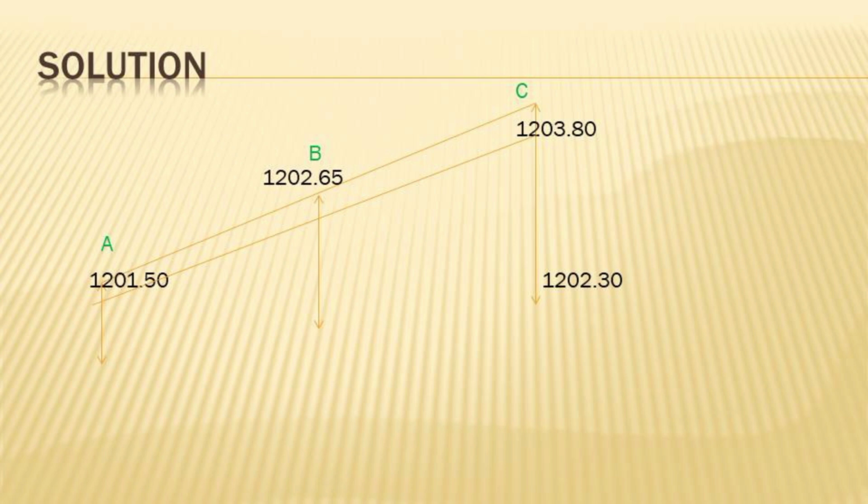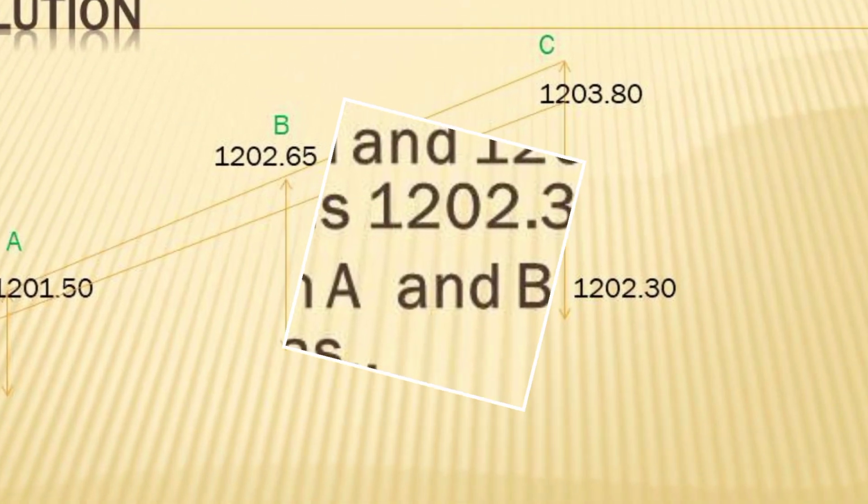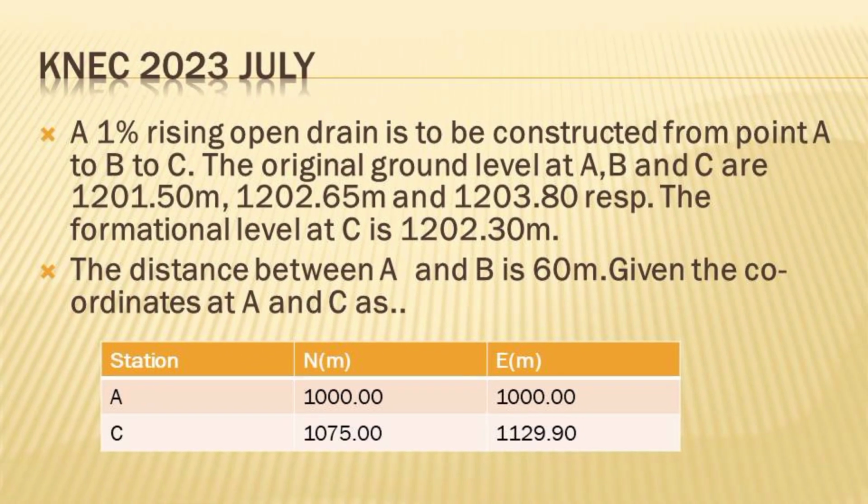Let's go ahead to the solution, and under the solution I will represent our drain. That is the drainage, an open drain. We have been told we have a 1% rising gradient from A to B to C. That 1% is something like 1 over 100, represented as a fraction.